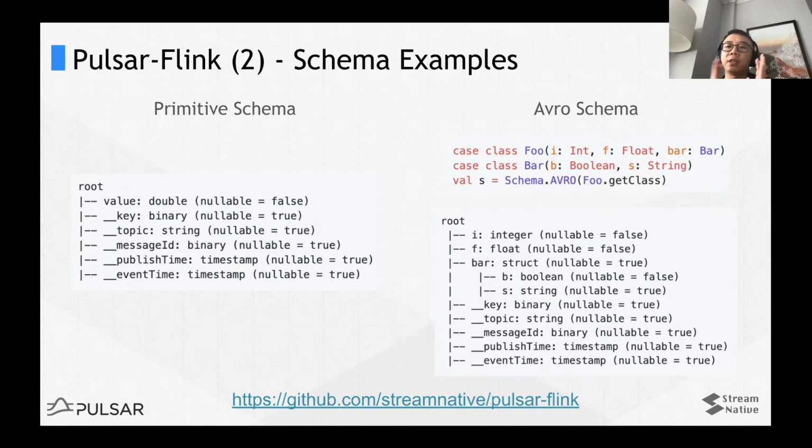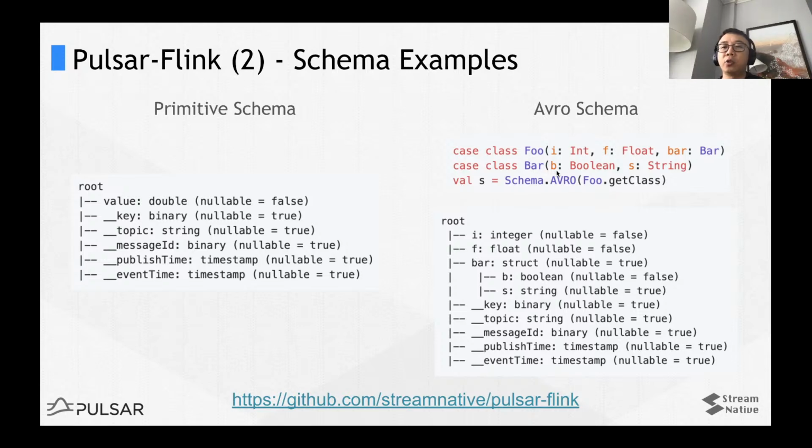And when we convert this Avro schema into a Flink table, we map each individual field into an individual field for a given row. So as you can see here, the struct is Foo and it has two fields, I and F, and a nested struct called Bar.